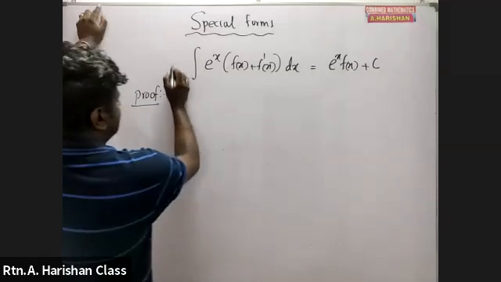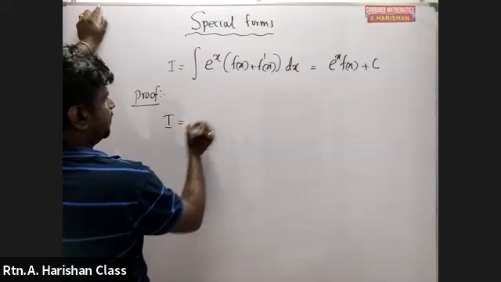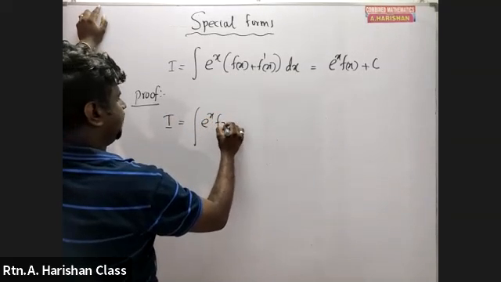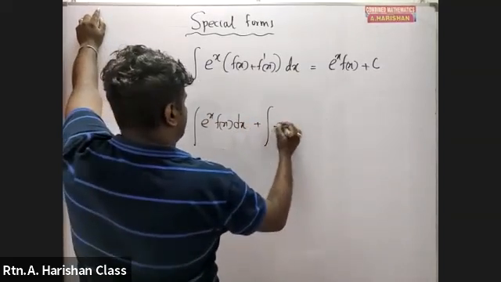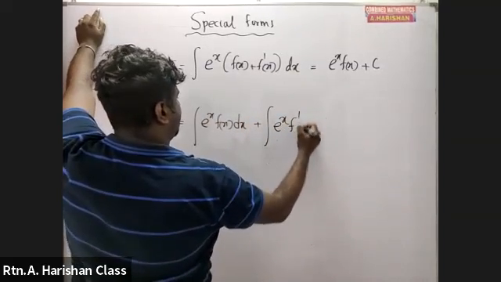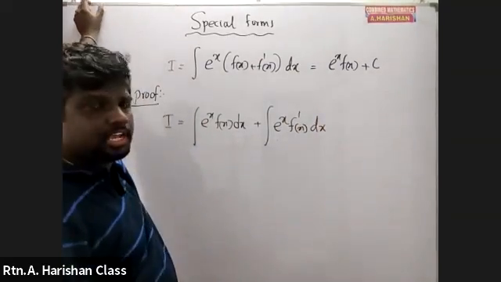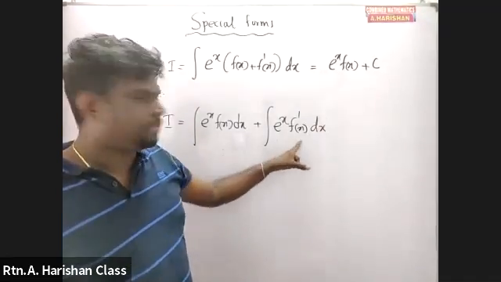So first of all, say this is I. So I will be, I multiply this, e to the power x f of x dx plus e to the power x f prime x dx.